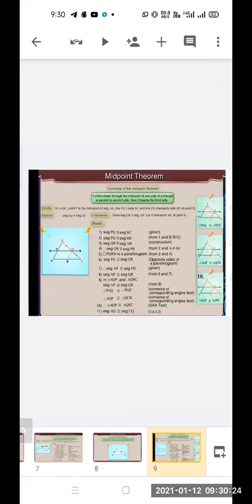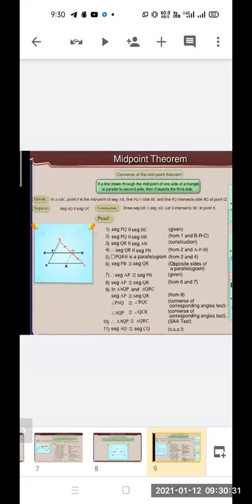So what is given? In triangle ABC, P is the midpoint of segment AB, and line PQ is parallel to side BC.